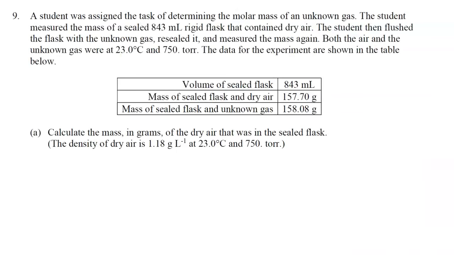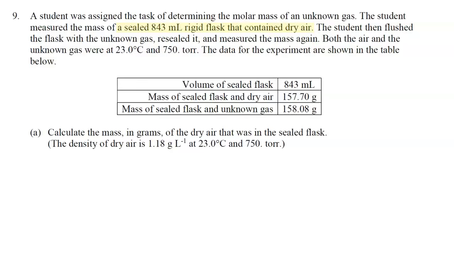All right, now we are ready to take a look at question 9 in your packet. Question 9 says, a student was assigned the task of determining the molar mass of an unknown gas. The student measured the mass of a sealed 843 milliliter rigid flask that contained dry air.